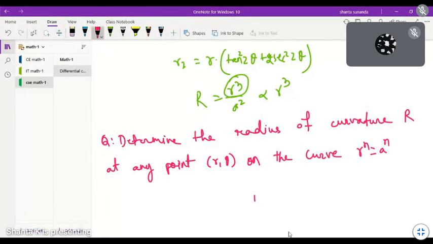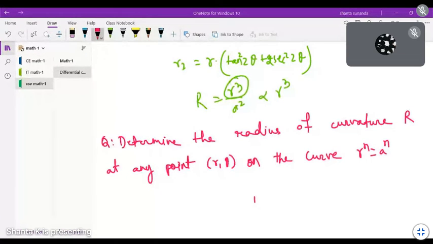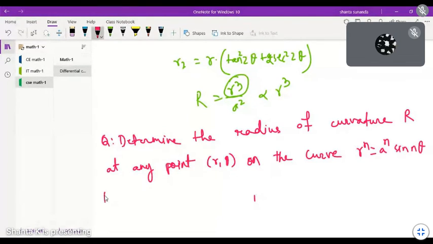So the curve is r to the power n equals a to the power n sine n theta. Deduce R for the curves.